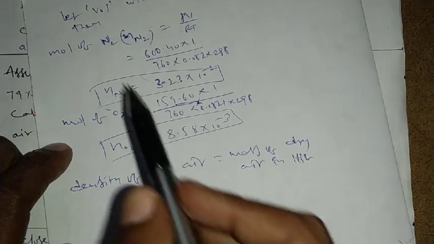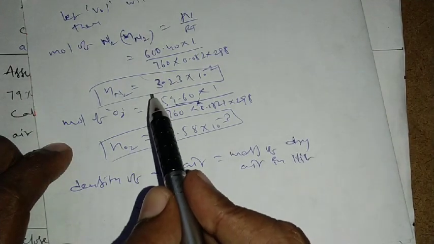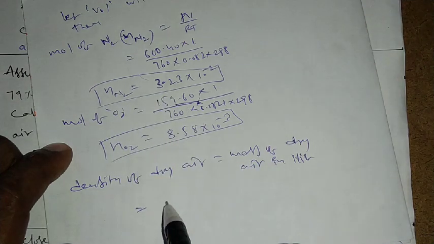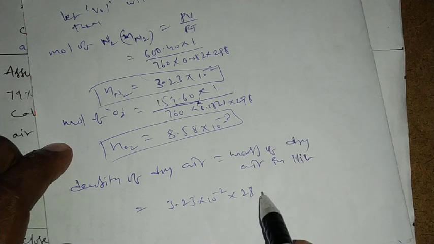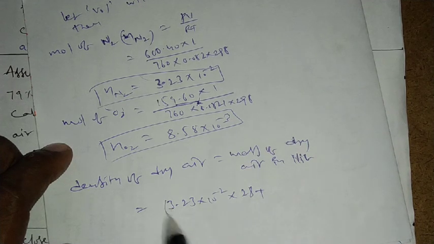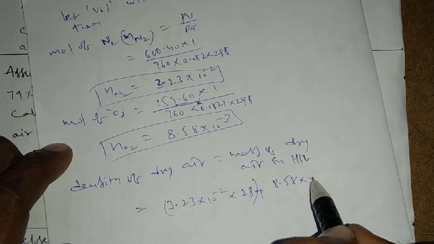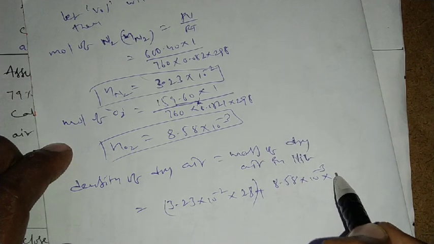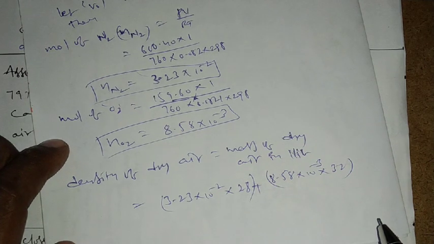In the dry air, two contents are there, nitrogen and oxygen. What is the nitrogen mass? 3.23 into 10 power minus 2 into 28 plus 8.58 into 10 power minus 3 into 32, because that is the oxygen molecular weight.